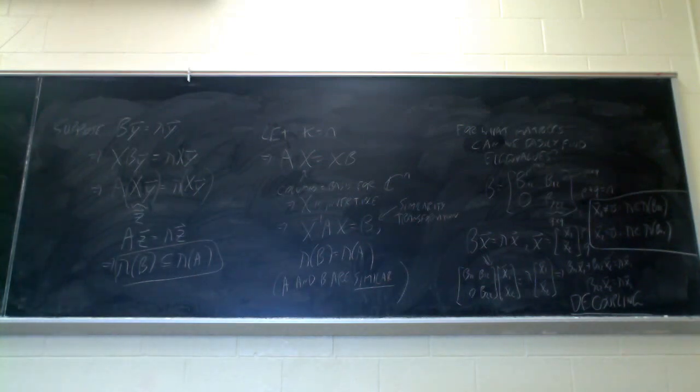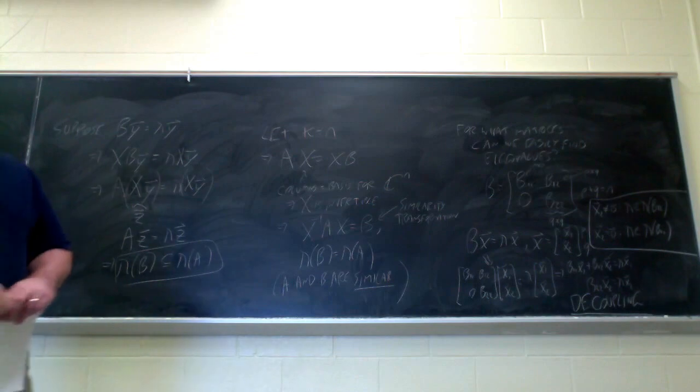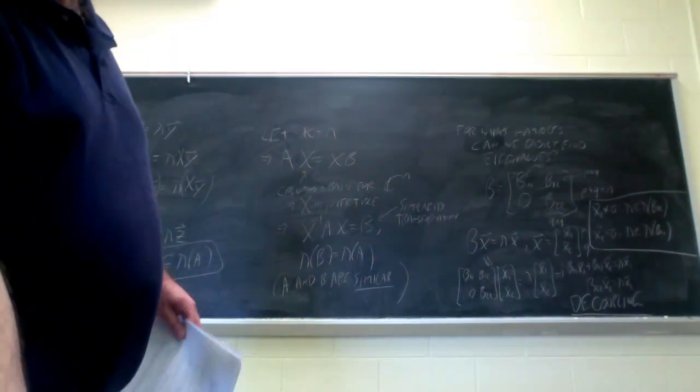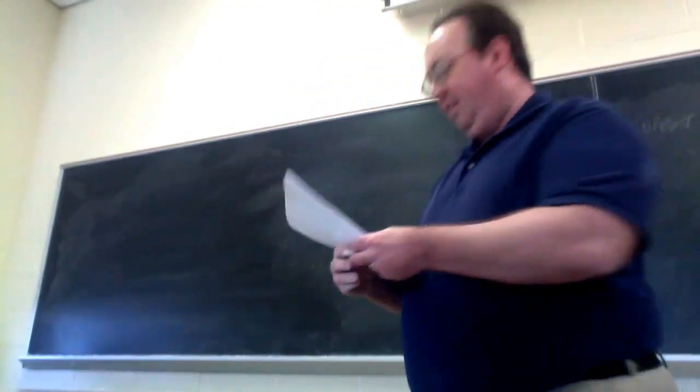Okay, so I'm going to exploit what I just did to get a useful decomposition for us. We've seen many decompositions for solving Ax equals b, but here's the best one to use for computing eigenvalues.